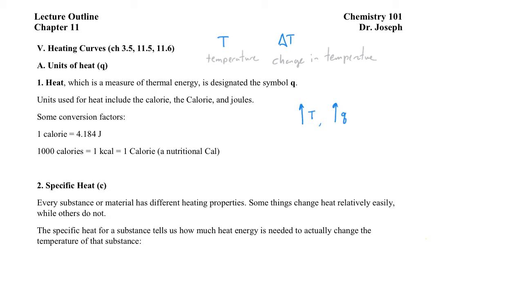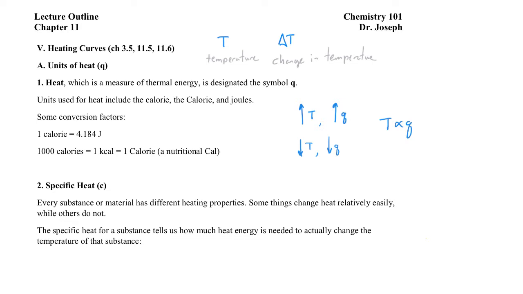And by the same token, if a sample of matter cools, so it goes from a higher temperature to a lower temperature, energy must be released. That's because the molecules in that sample are moving to a lower kinetic energy state. Therefore, if temperature goes down, Q would also go down. So we can see from this relationship that temperature and Q are directly proportional to one another.